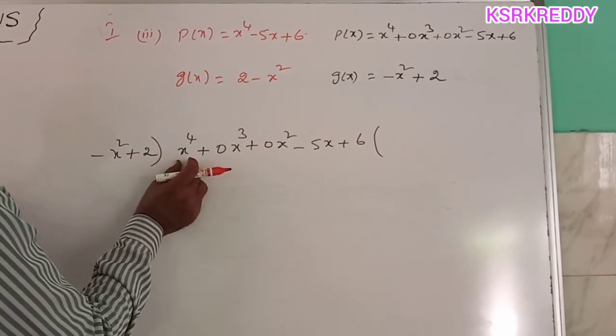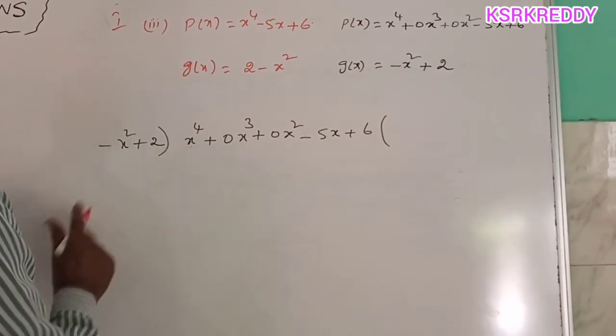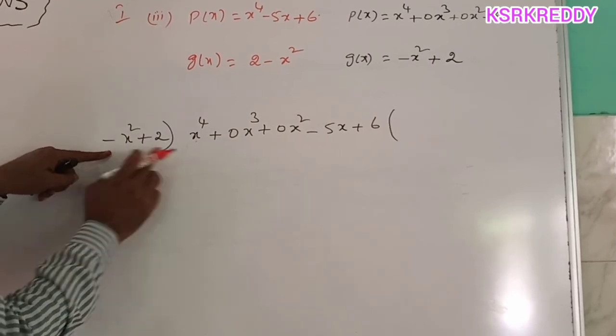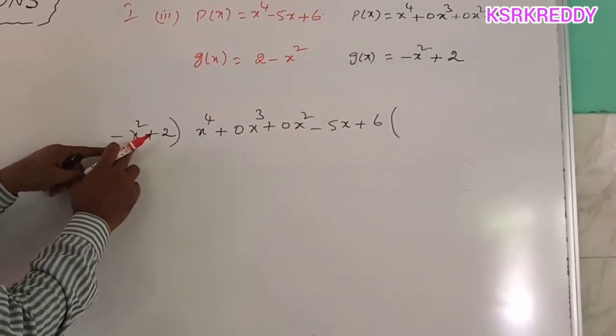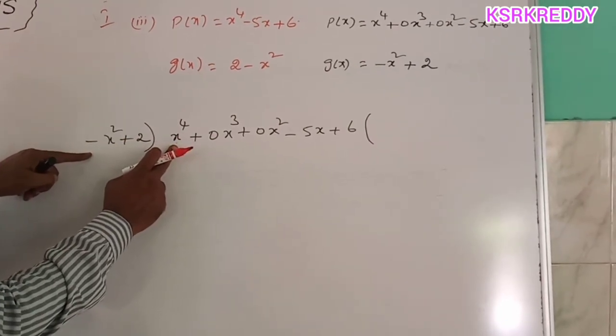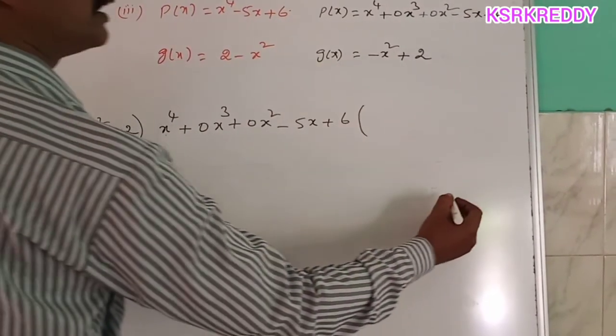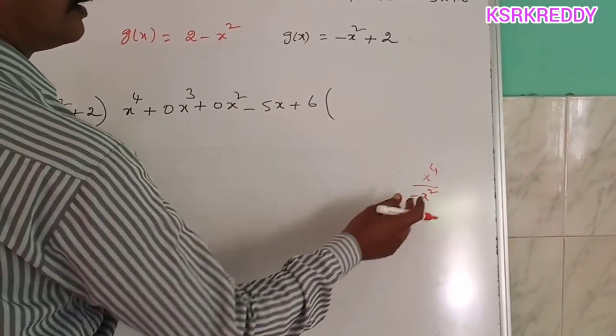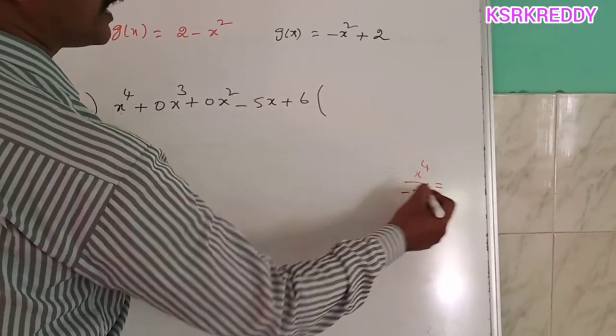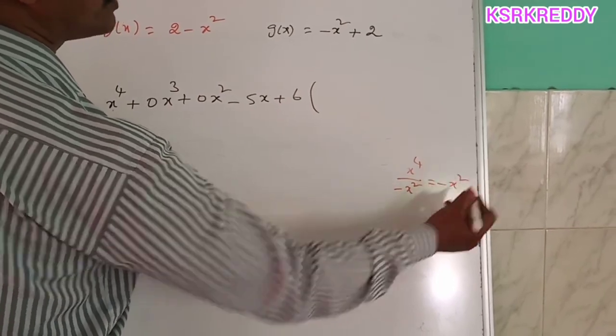Here x to the power 4. Here it is x to the power 4. Here minus x square. Which number is multiplied by minus x square to get x to the power 4? Check once. x to the power 4 by minus x square. So the x square term here is negative also there. Minus x square.